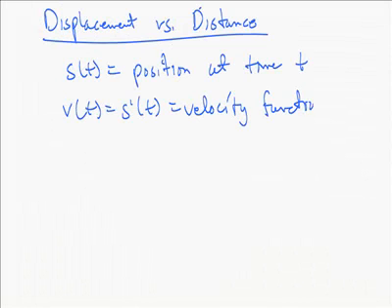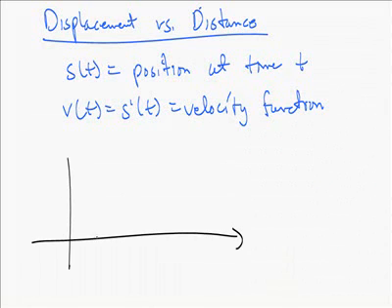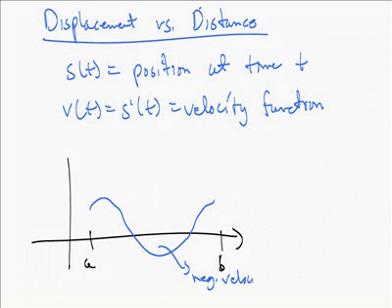Let's suppose that our velocity function looks something like this. So say that our velocity function from time t equals a to t equals b does something like this. Now, in this section, we have a negative velocity. That means that our particle, or our object, whatever we're measuring, is going backwards.